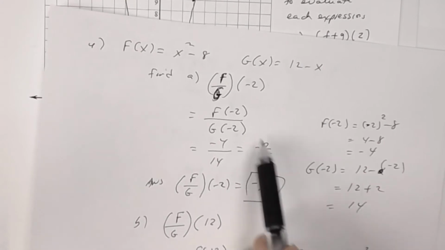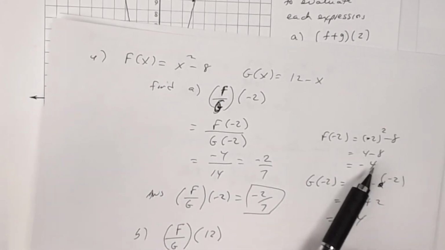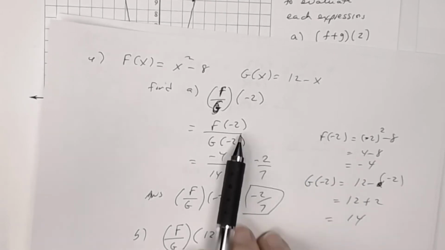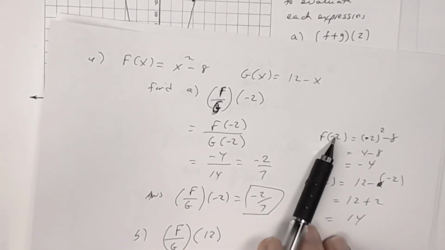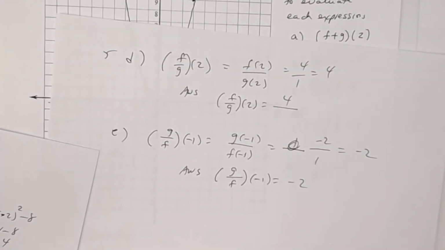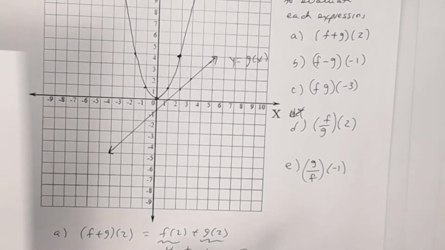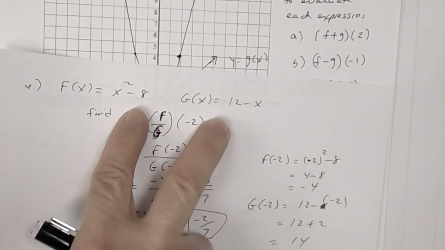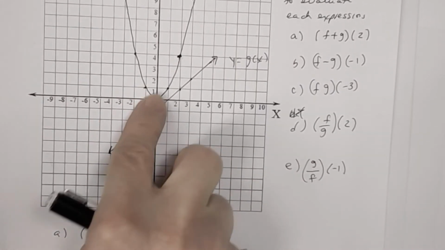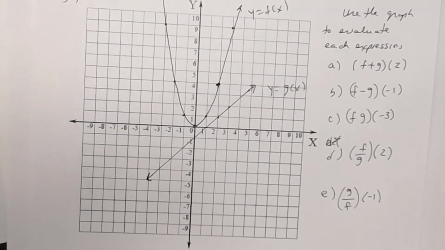Here, when you find f of negative 2, you're finding the y value by substituting x into your function. So it's easier if the graph's given, but it's not always given. You'll be given variable expressions, and then you'll be given graphs at times. And you're going to see in a little while you can be given a table as well. All right, so let's look at the next problem.